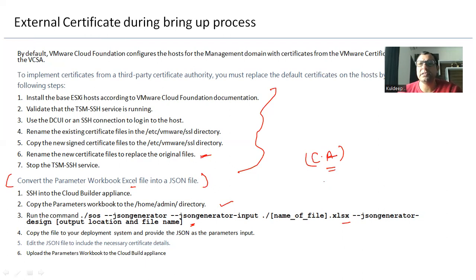So that's an important point. If you are using an external CA, you cannot directly push your deployment parameter sheet as Excel. You have to convert it into JSON, give the CA details, and upload it back during the deployment process.